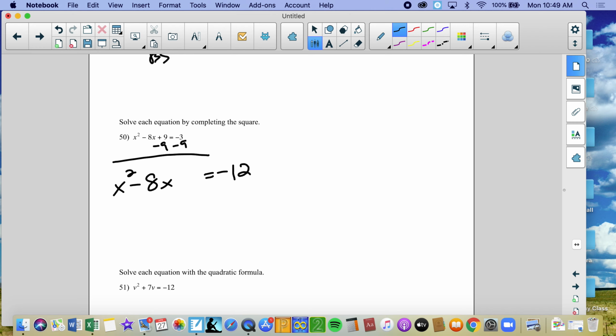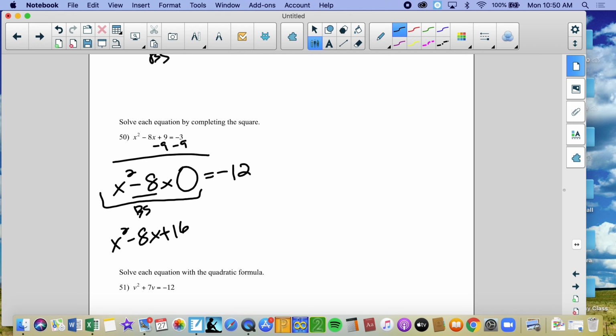Now, what does this value have to be in order to make this left side a binomial square? Well, again, we divide by 2 and take that value and square it. Negative 8 divided by 2 is negative 4. Negative 4 squared gives me positive 16. Positive 16.